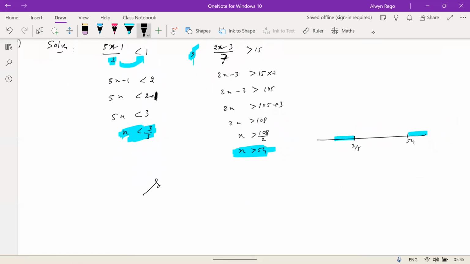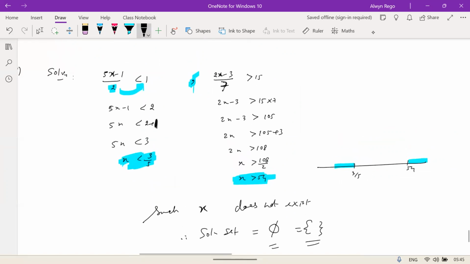So such a value of x does not exist. Therefore, I can say the solution set is the null set. You can write it as a null set like this, or like this. You don't find solutions.